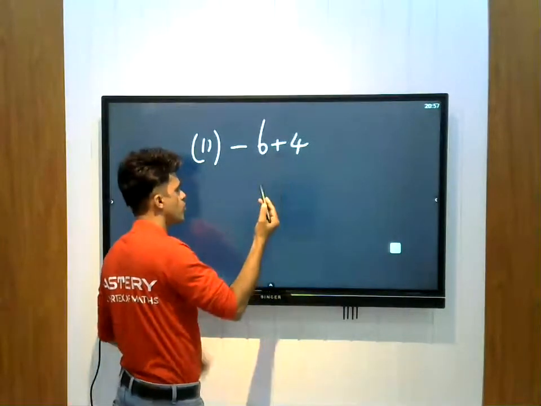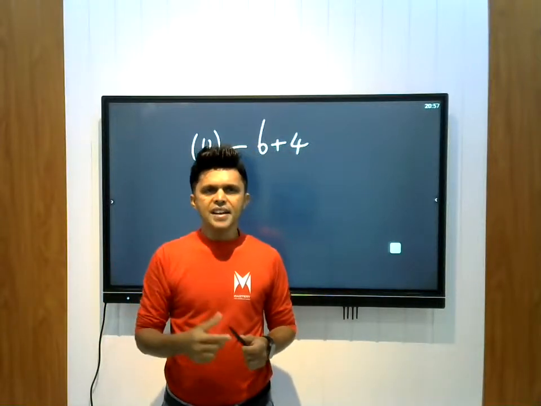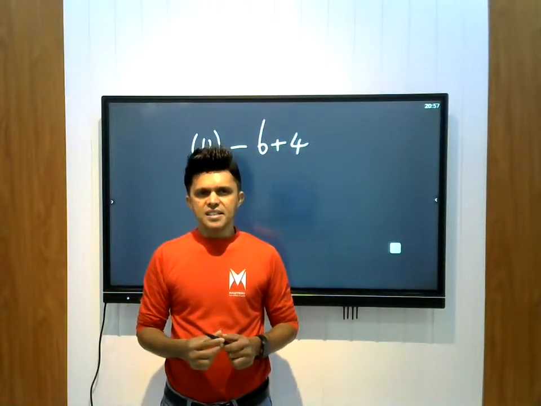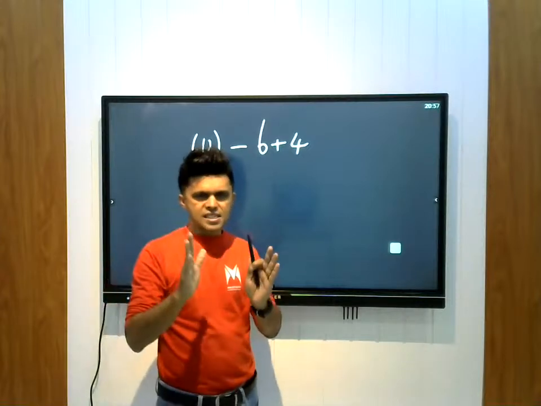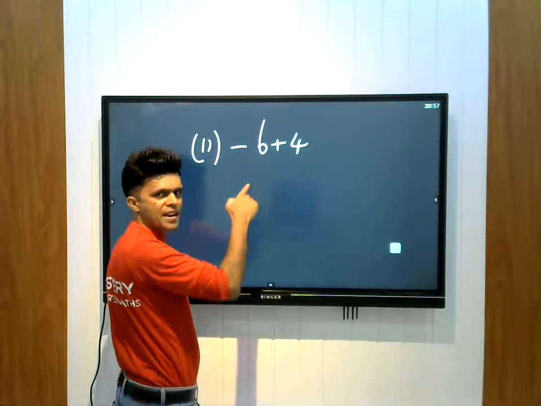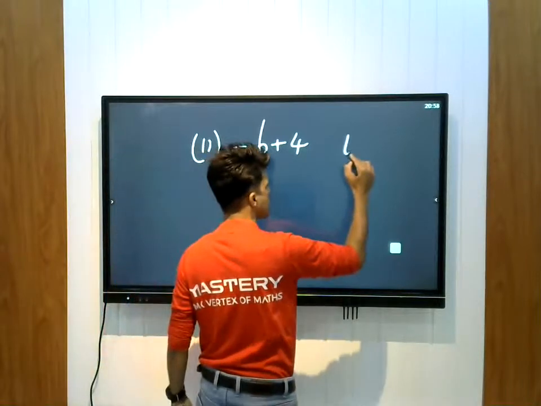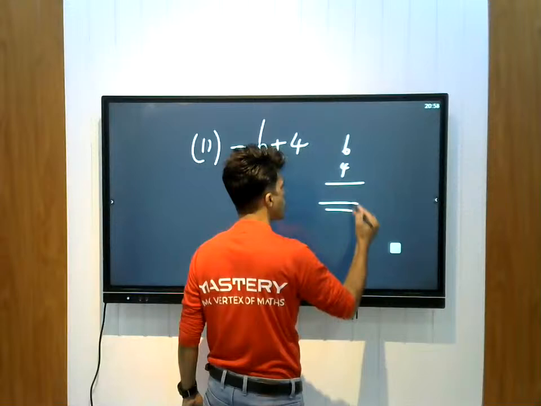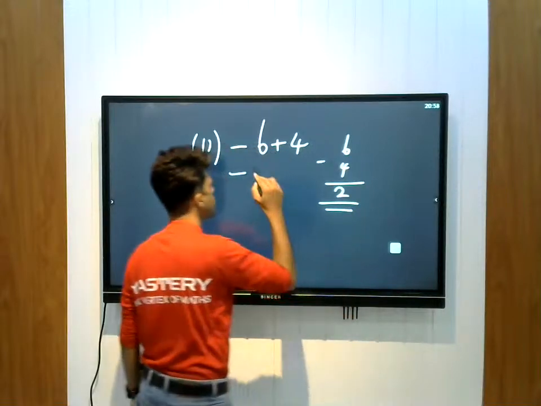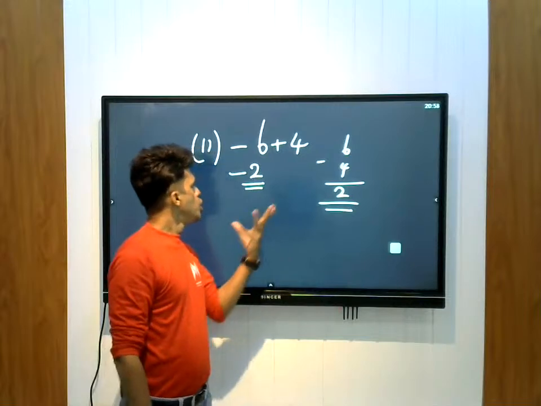You need to find the weighted digit here. The weighted digit is 6. The sign opposite to the weighted digit is minus, so you need to put it here. After that, you need to subtract 4 from 6. Then 6 minus 4 is 2. So the answer is minus 2.